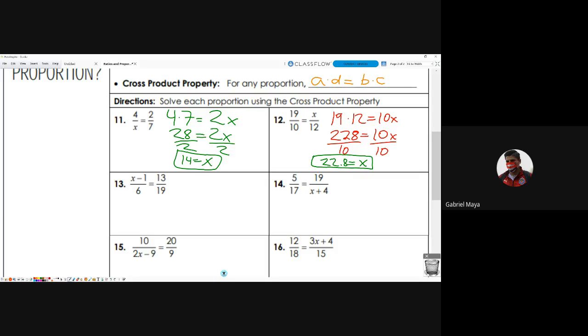Let me write it over here. Do you have to multiply 19 by -1 and x? Yeah, that's what you'll do. So 19 times x minus 1. What's 19 times x? 19x. What's 19 times -1?